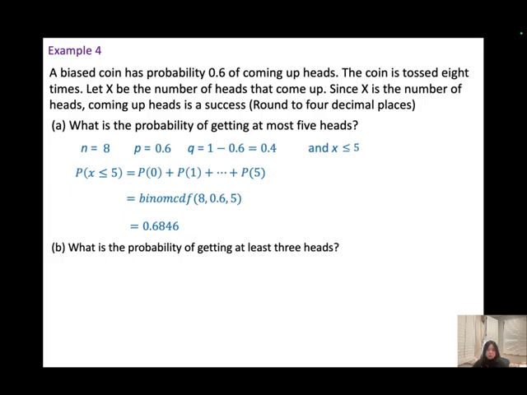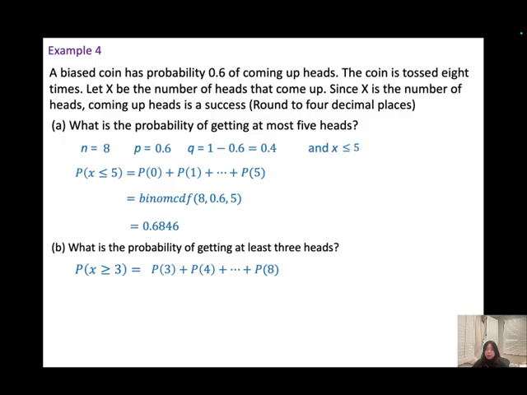Last one. What is the probability of getting at least 3 heads? At least 3 heads, so that will be talking about x greater than or equal to 3. So we are looking for P of 3, P of 4, until P of 8, because we only have 8 trials. Okay, this one you need to think about.